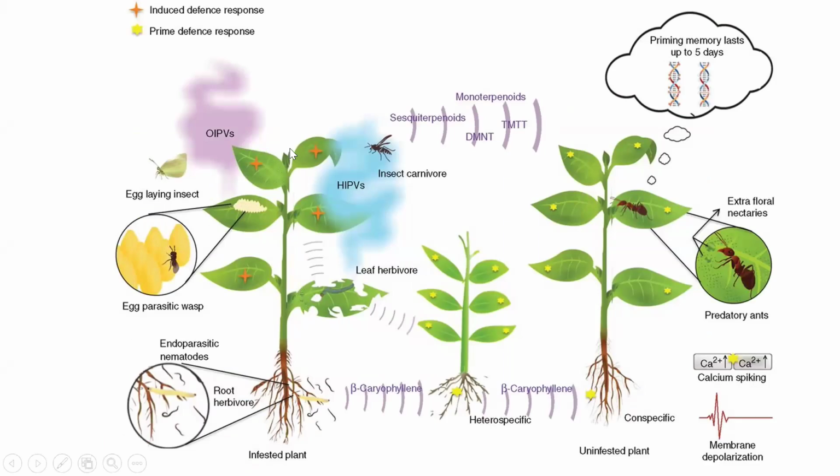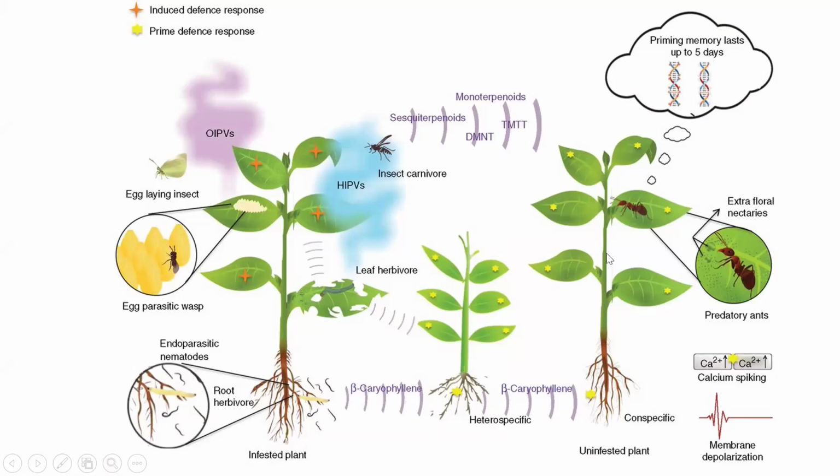So there is research which tells us that as the plant is stressed by either an insect attack or something eating its roots, it is going to produce these volatiles. That's what this is. These are volatiles, plant volatiles.